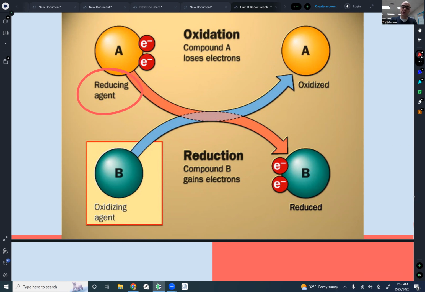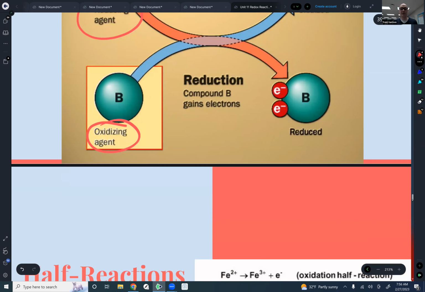If you go through reduction, meaning you've gained the electrons, that means you caused oxidation to occur. So even though you've gone through reduction, you are the oxidizing agent. Keep those very convoluted, opposite-logic things in mind as we move forward.